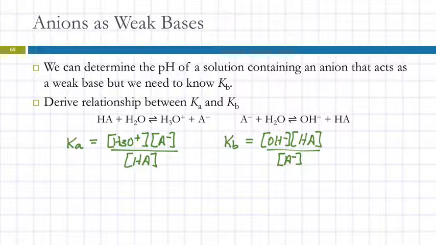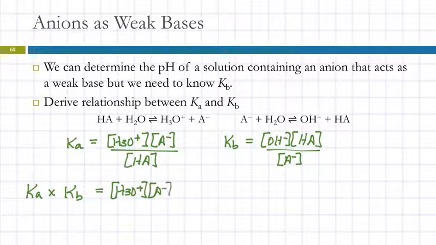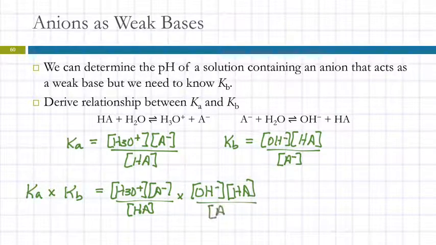Let's see what happens if I multiply these. Ka times Kb. So H3O plus and A minus over HA times OH minus times HA over A minus. So we've got some terms that are going to cancel out, right? We've got A minus on the top and the bottom. We've got HA on the top and the bottom.